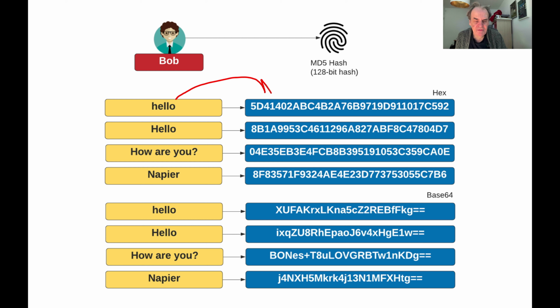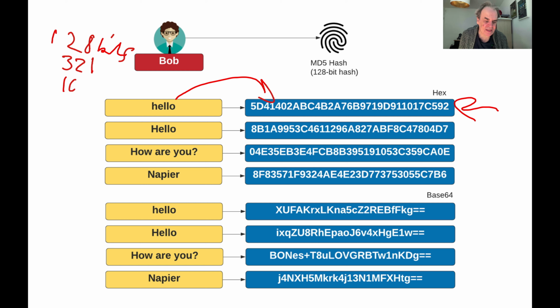So with MD5 we create a fixed length hash. We can represent that with hexadecimal, so as it's 128 bits long, then we have 32 characters, or 16 bytes. Okay, 32 hex characters there, so you can count them.